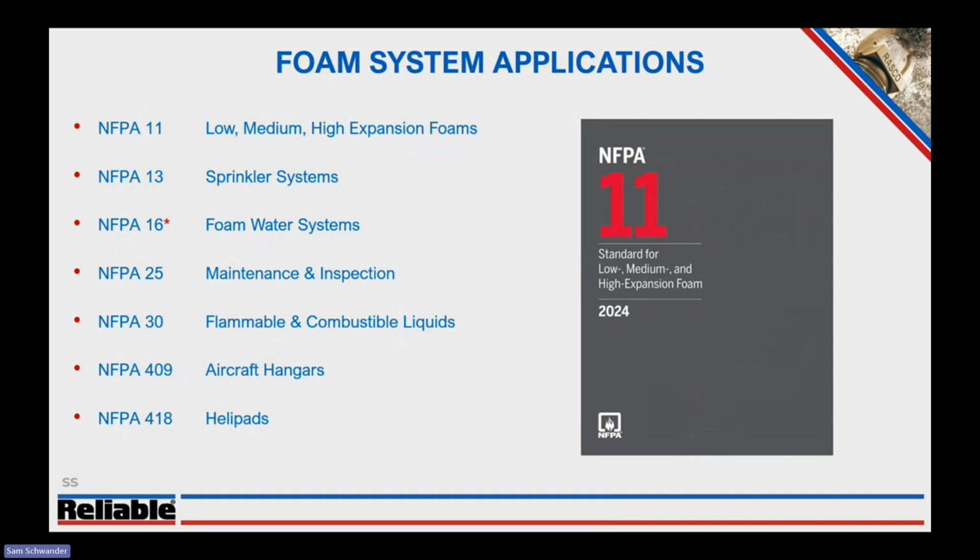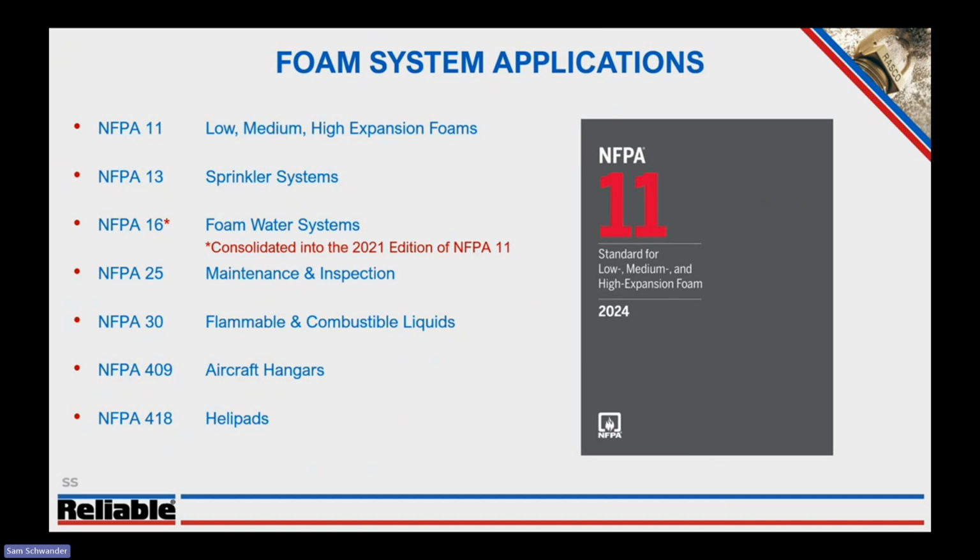So NFPA has several standards they use for design and installation of foam water systems. Most of us are probably familiar with the likes of NFPA 13, NFPA 25, NFPA 30, which is flammable and combustible liquids, as I mentioned earlier. So we have some general standards that also incorporate foam. Then we have some more specific foam standards like NFPA 11 and NFPA 16.